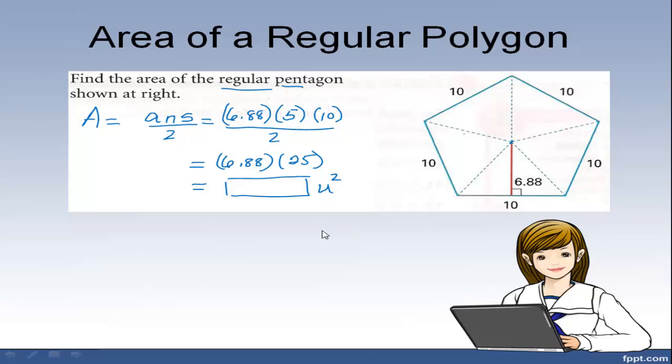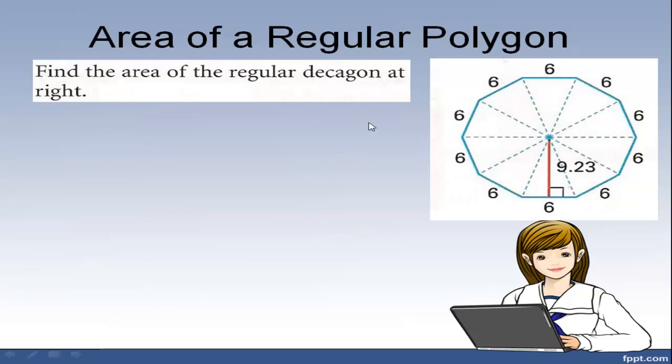Let's see another example. Find the area of a regular decagon. Regular, and decagon means 10 sides. So here's our formula. Area is equal to little a n s divided by 2. A is your apothem, and it tells you here that it's 9.23. So it's 9.23 times n. N is the number of sides. I have 10 sides. S is what each side measures.